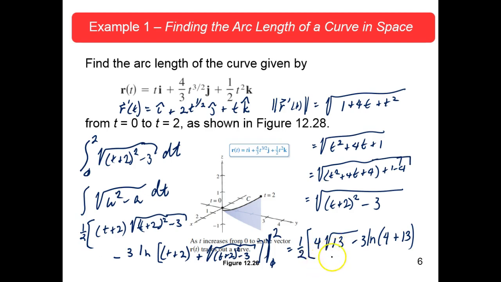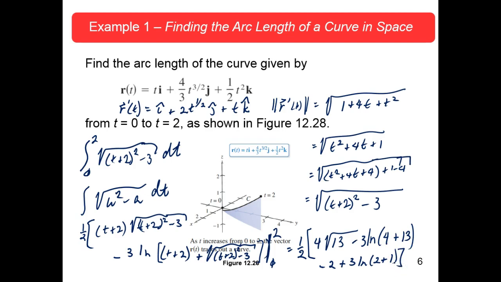Minus, this is all still inside the parentheses, minus 0 plus 2, so that would be 2 times the square root of 1, which is just going to be a 1, minus, which is make it a 3, plus 3, the natural log of, and that would be a 2 plus the square root of, that's just going to be a 1, okay, if I'm doing the math right.